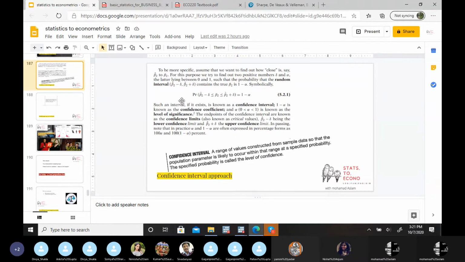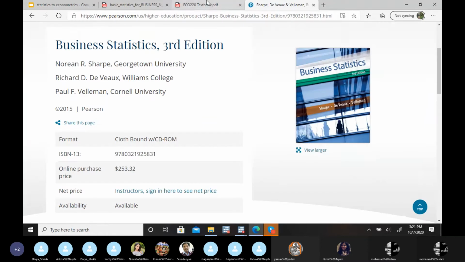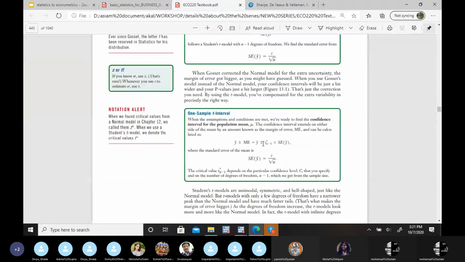Now what we have to plus minus is the value of whatever statistic you are using. Let's suppose we are using z, then you have to use a z value from the table. That critical value corresponds to the level of significance. If it's a two tail, then you have to divide it by 2.